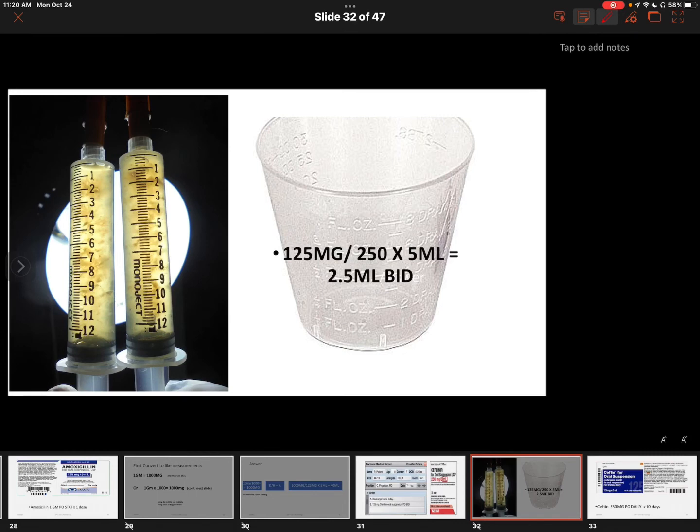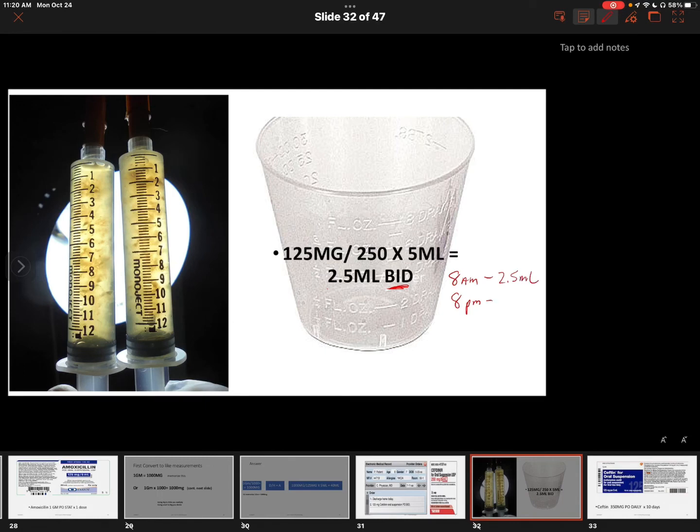So every problem that you work out identifies the dose, one dose. So this patient is getting this medicine at 8 a.m. and 8 p.m. That's twice a day, right? So they're getting a dose of 2.5 milliliters here.